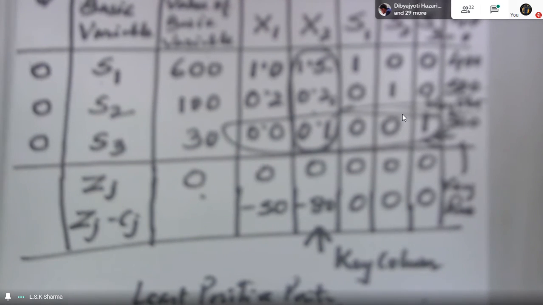Clear? So you start with the table, put in the values, find out the Zj. After that, you find out Zj minus Cj by subtracting from the upper row, and from that select the least number. It does not say least positive number, it says the least number, and that becomes the key column.